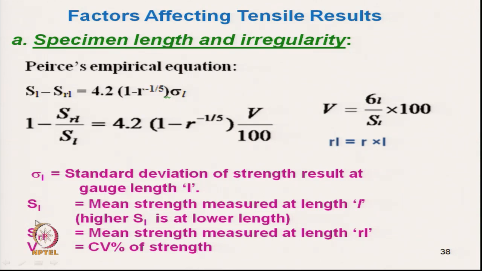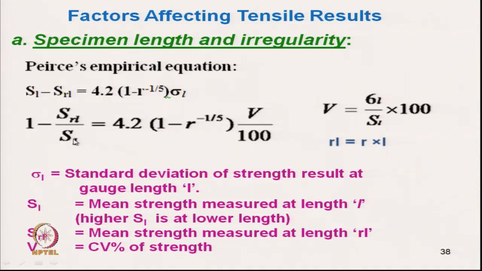That means SRL will definitely always be lower than SL, because a higher gauge length will result in a lower value. So, this ratio SRL by SL will be less than 1.